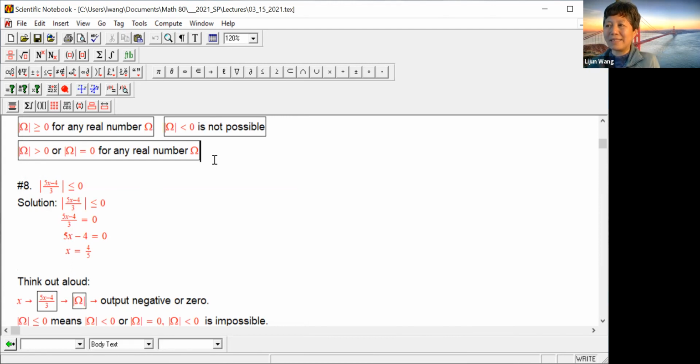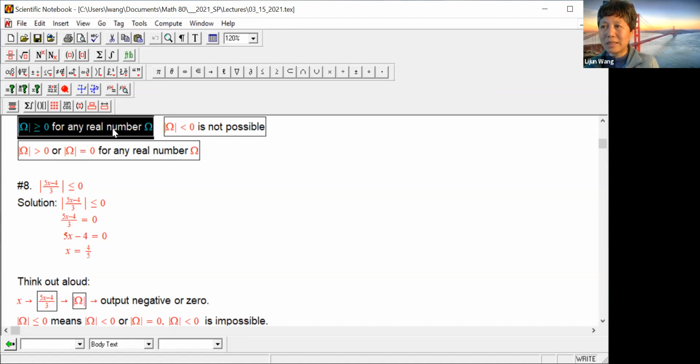And each one has its own implications. In this case, omega cannot be 0. It can be positive or negative. In this case, omega must be 0, right? You can see all these implications, right?